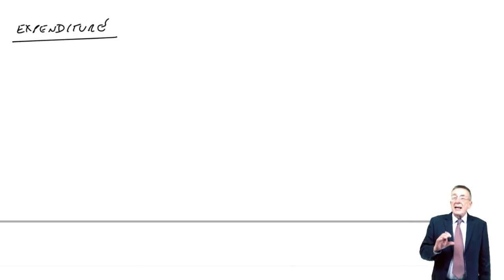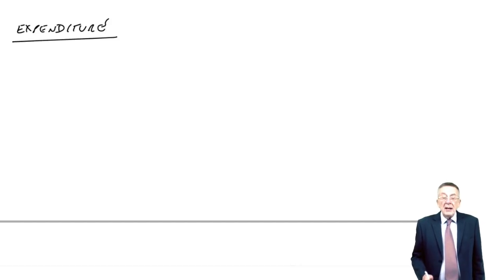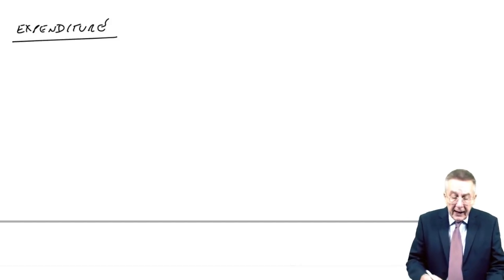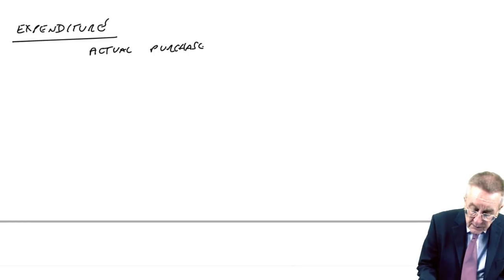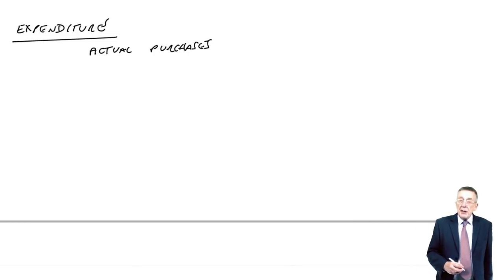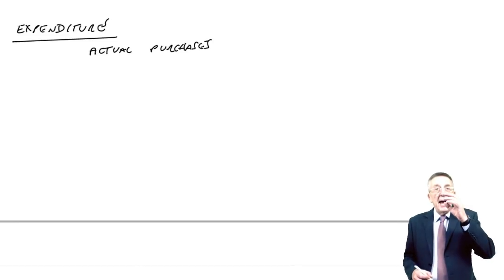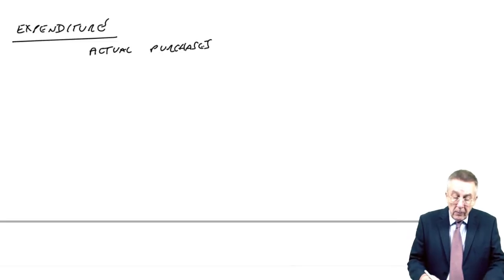Now, be patient with me. You'll see I set it out in columns effectively. For the expenditure variance, we're going to take our actual purchases and we're going to compare how much we actually paid with how much we should have paid.